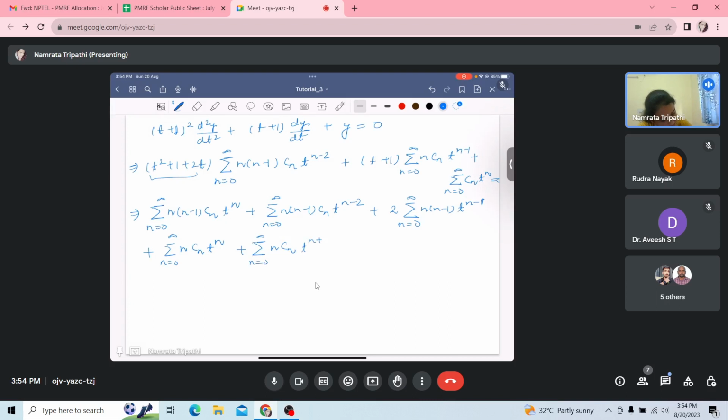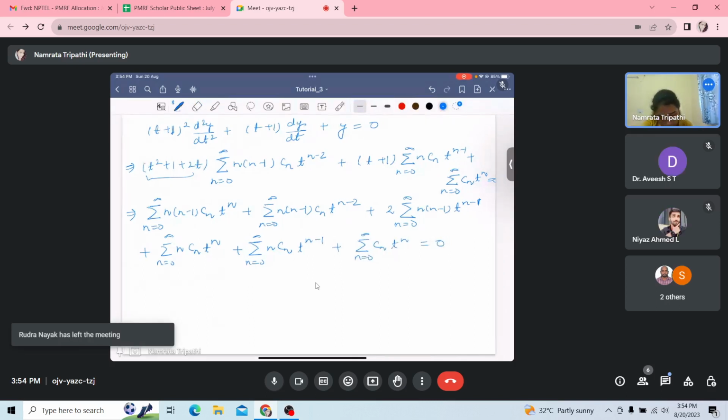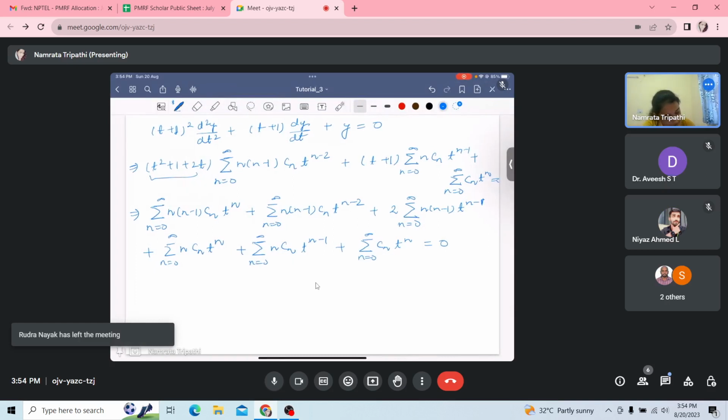this is n minus 1 and similarly we can replace this. In this we can replace n minus 2 with n. In this term we can replace n minus 1 with n, and in this term also you can take these two terms together.